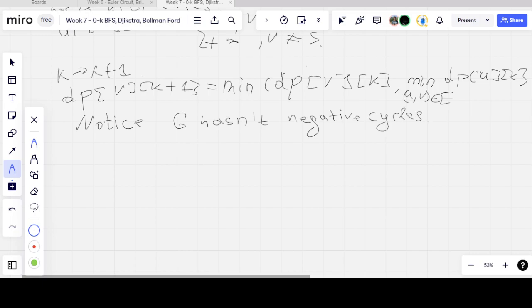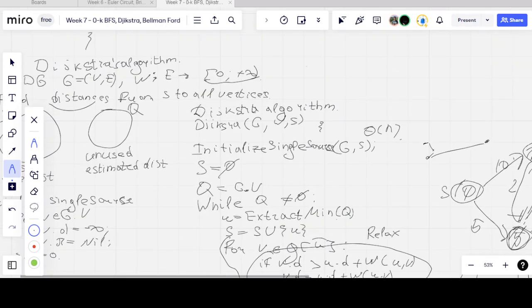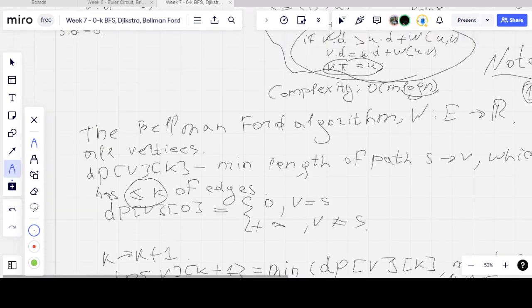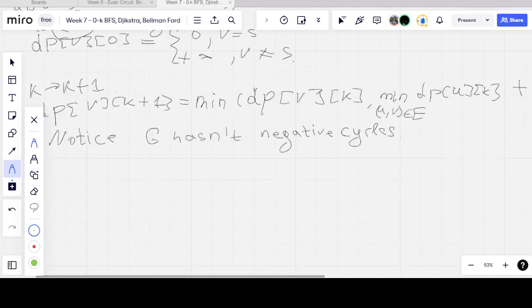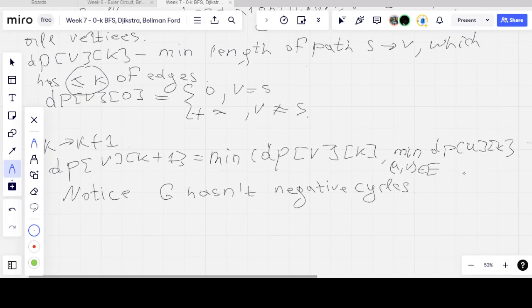If we know that the graph hasn't negative cycles, we use this algorithm because the complexity of Dijkstra's algorithm is O(m log n), and in this case we have O(mn), because each step is O(1) and the dp array is n by n, of size mn.